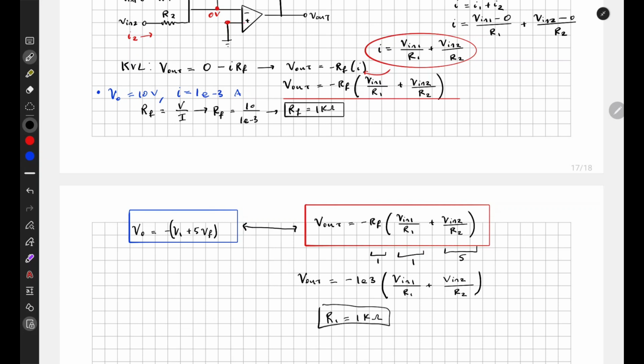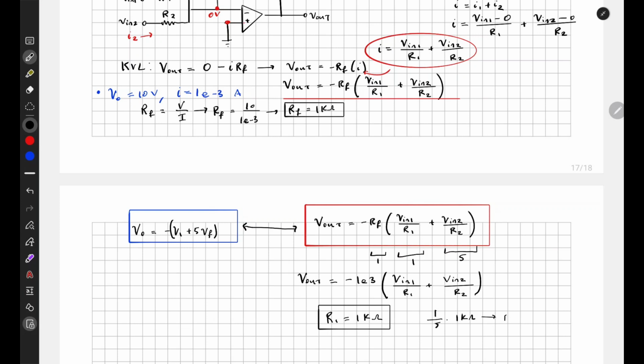And then we can see that the V in 2 divided by R2 needs to have some kind of 5. So we need to find a way to cancel out this 1 kilo ohms, but also have a multiplication of 5. A possible value for this is 1/5 times 1 kilo ohms.